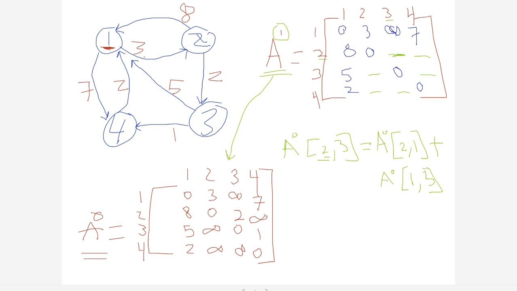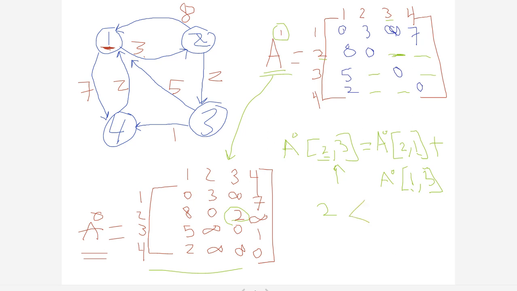You see what we did? We put 1 as intermediate. We don't want to go directly from 2 to 3. We will consider going from 2 to 1 and then from 1 to 3. So 1 here is intermediate. Okay, let's go back to A0. A0 of 2 to 3 equals 2.